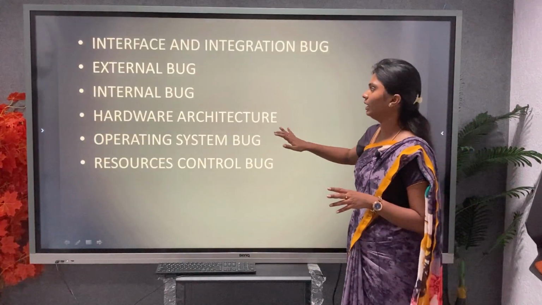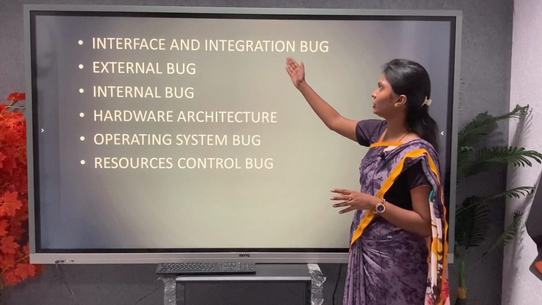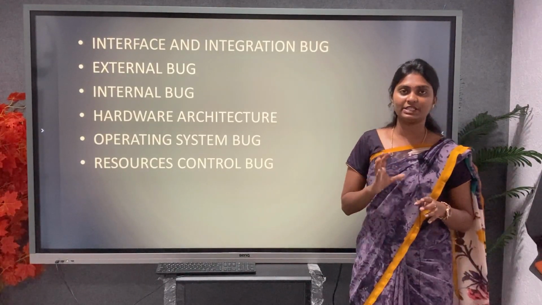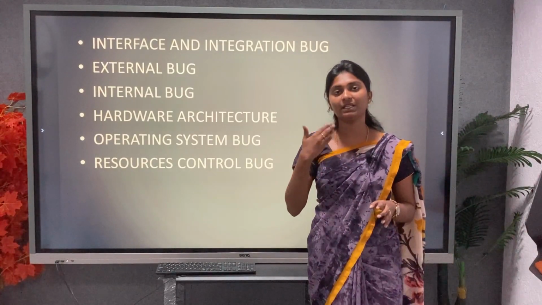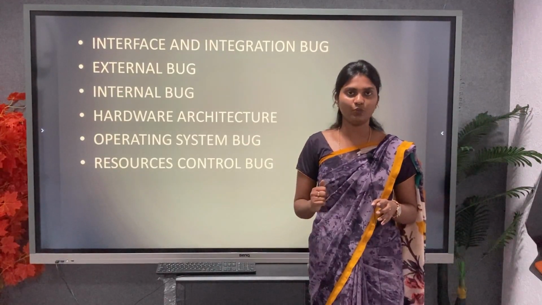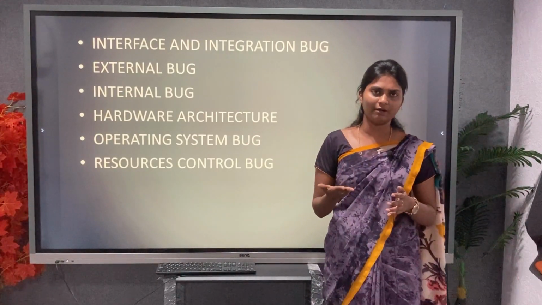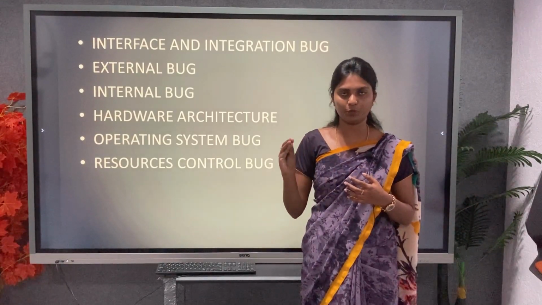Fine. Next one is the interface and integration bug. Interface and integration bug is nothing but the external bug. External defines the externally used hardware systems. Internally we are developing the software product or the software project, right?